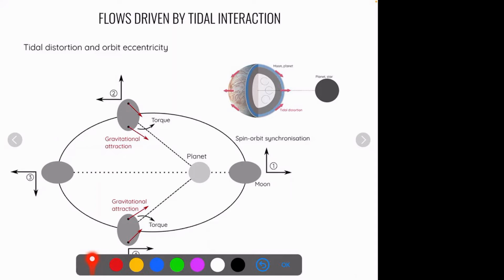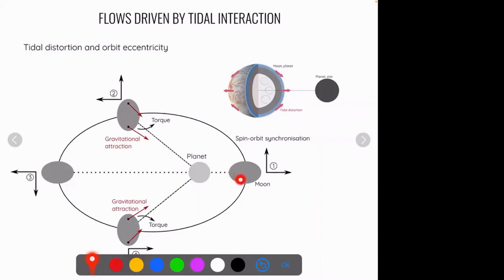For instance, in the case of the Earth's moon, you have spin-orbit synchronization, which means that the period of spinning of the moon is equal to the period of orbiting of the moon. So if you take this moon, say the Earth's moon or Ganymede or Io, when it completes a quarter of its orbit around the planet, the Earth or Jupiter, it also rotates on itself by 90 degrees.